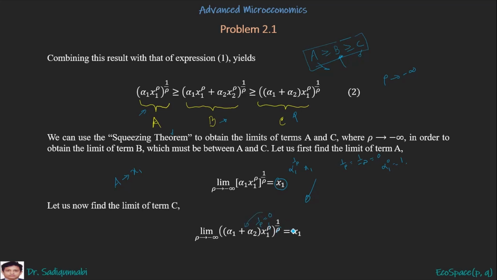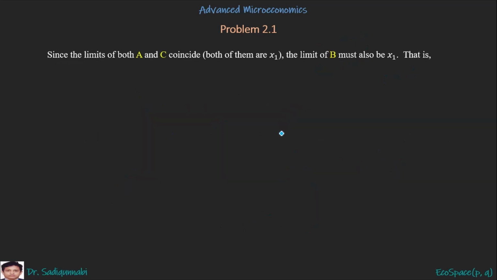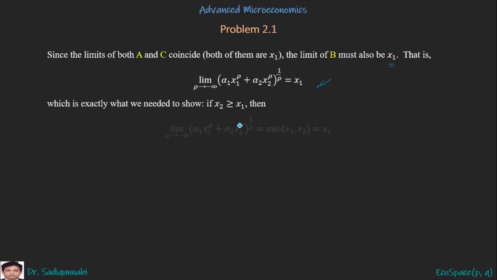Okay, so we have the same limit value for A and C, and for this reason we can say that the limit of the term B is also x1. Okay, so the limit of this is also x1, and this is what we needed to show if x2 is greater than or equal to x1.